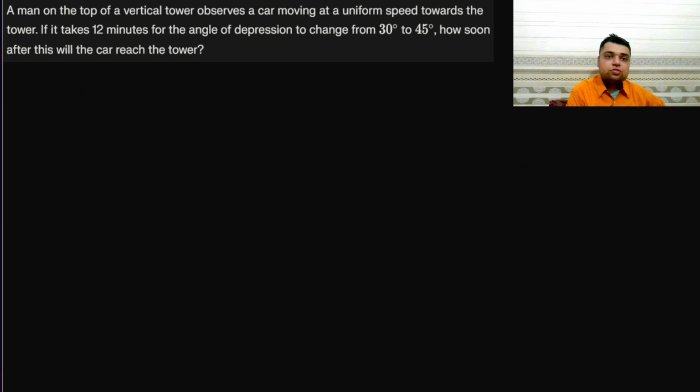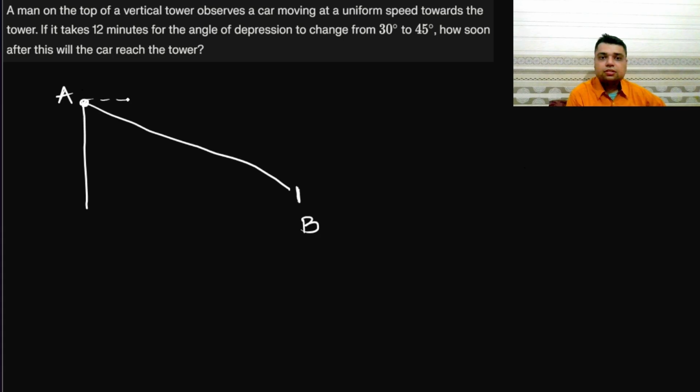Okay, so let's first make the diagram. So there is a building, a man is at this point A watching a car moving towards the building. So let's say at B the car is there. So the angle of depression at that point is 30 and it becomes 45. So this is 30.